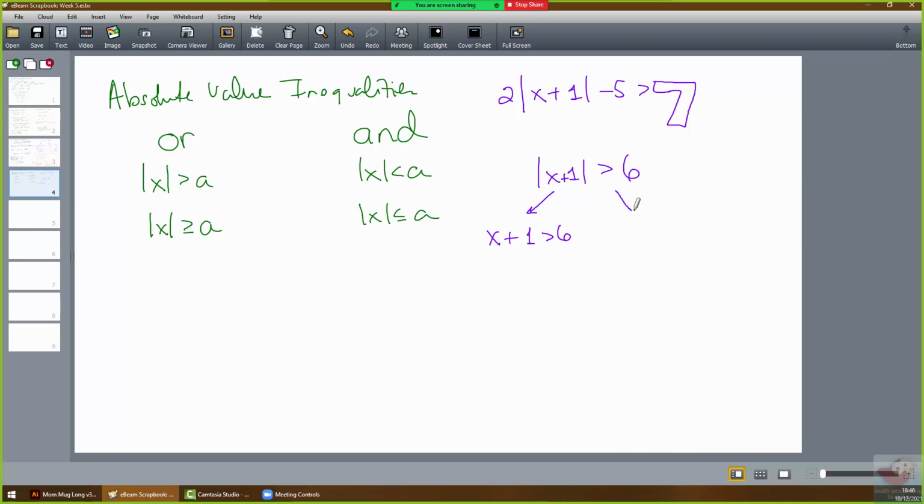What happens here is the x plus 1 will stay x plus 1, but you have to flip the inequality and then change the other side as well. Because you're negating, or technically multiplying through by -1, the inequality flips for the second piece.